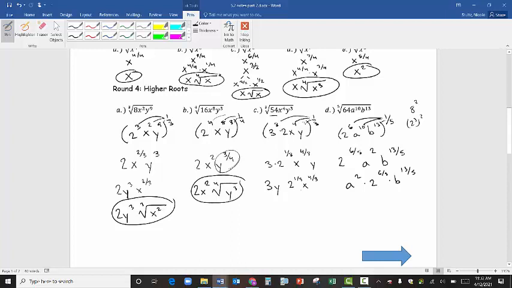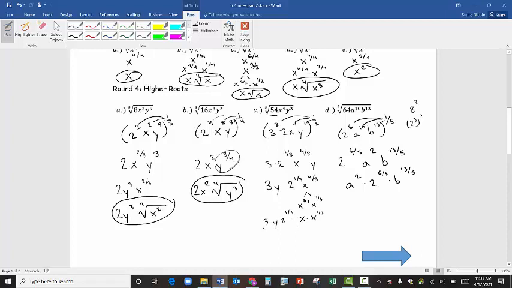Now for letter C, the 3 and the y and the 2 are all okay, but obviously x to the 4/3 needs to be broken up into 3/3 and 1/3. So that's actually going to make x, and then x to the 1/3. I don't want to forget I had a 2 to the 1/3, and I had a 3 and a y.